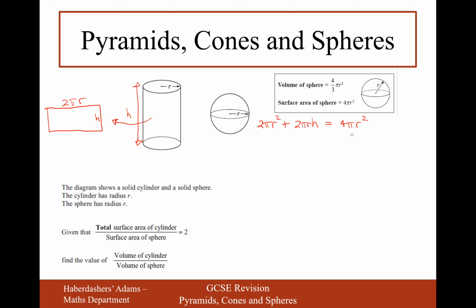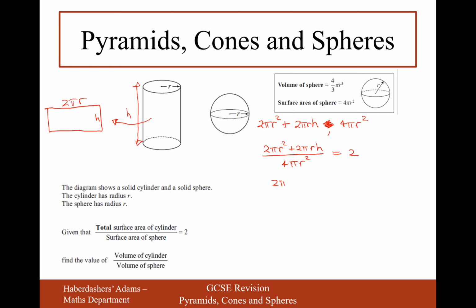So now we know that when we divide one by the other we get 2, so they're not equal, but when we do 2 pi r squared add 2 pi r h divided by the surface area of the sphere, 4 pi r squared, we get 2. So how is this going to help us? Well, let's maybe times this onto the other side.